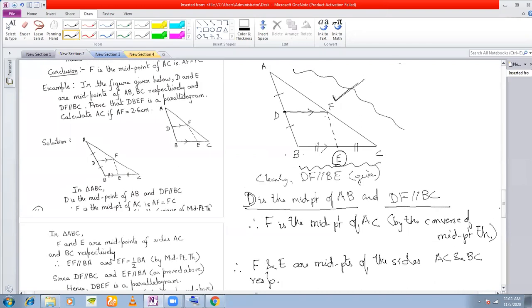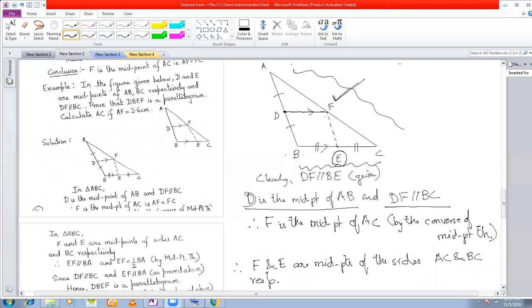Therefore, which conditions are satisfied? If F and E are midpoints of the sides AC and BC, then the conditions of which theorem are satisfied?